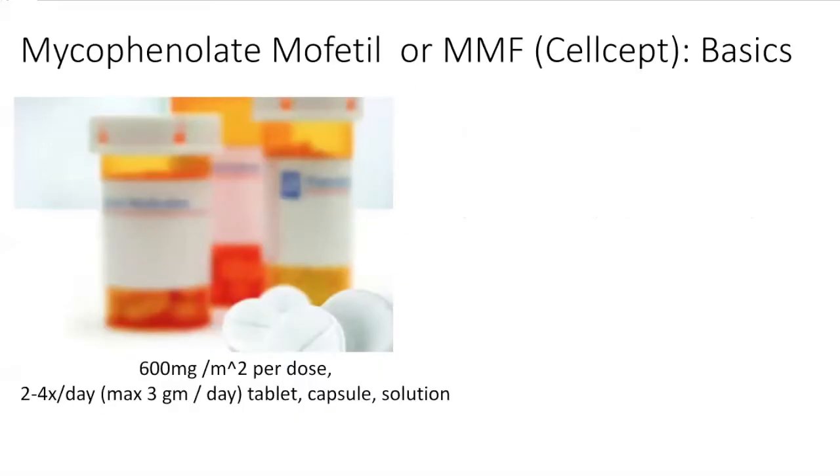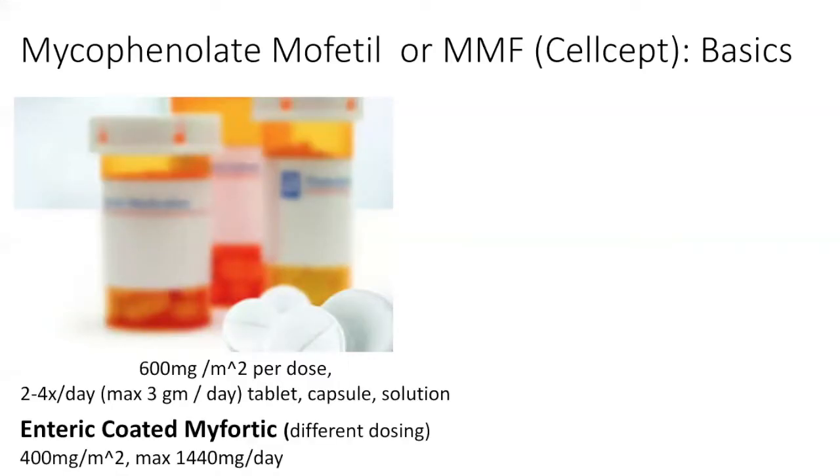So the first one I'll mention is mycophenolate mofetil, or MMF. That's the generic name for the medication. The brand name is Cellcept. This is an oral medication. It can be in tablet, capsule, or solution form, and it can be dosed by body surface area, 600 milligrams per meter squared, and can be divided into 2 times a day or up to 4 times a day.